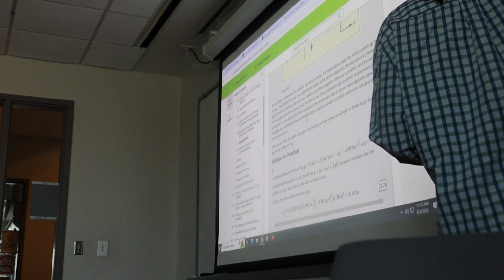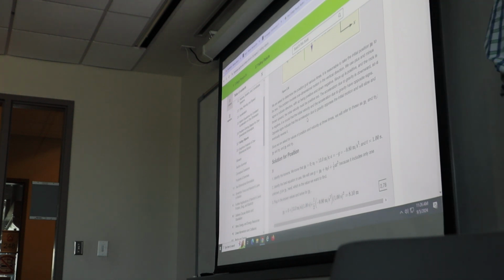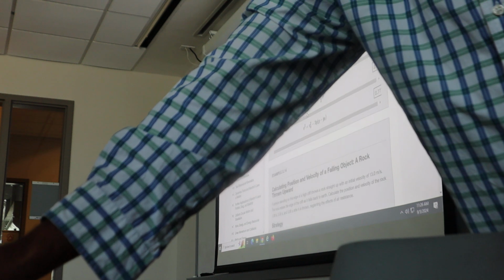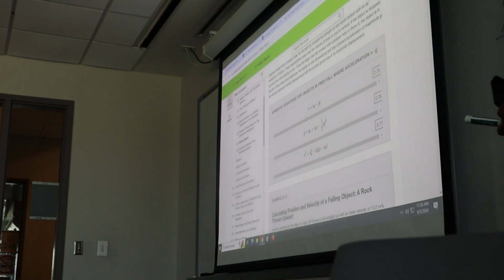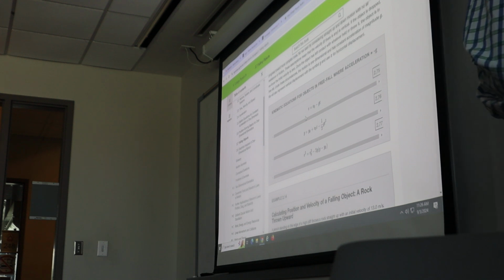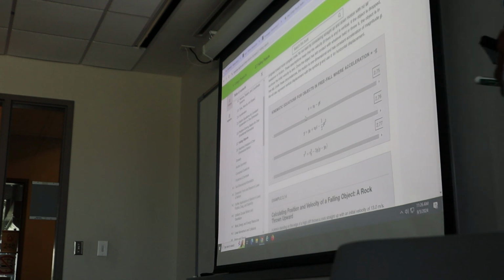And the second equation. Yeah, it was asking for final velocity, so I'm surprised that they didn't start right here with the first equation, because it's asking for our final velocity.